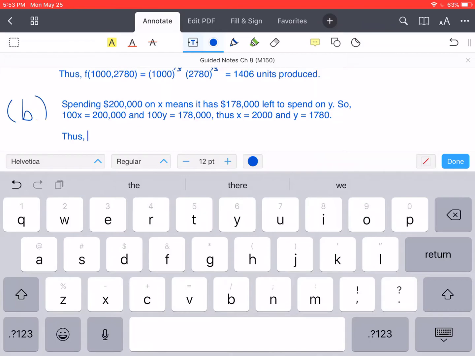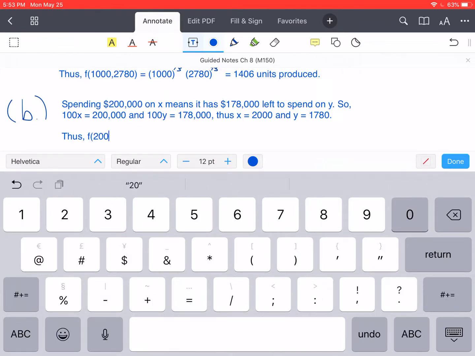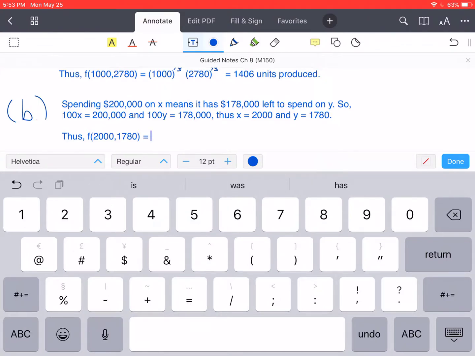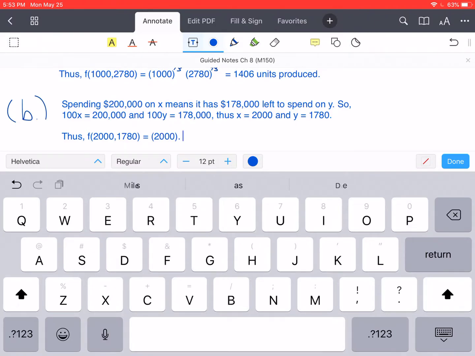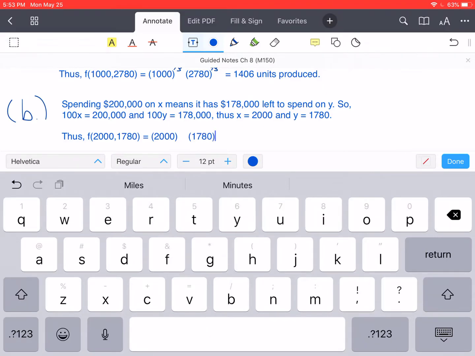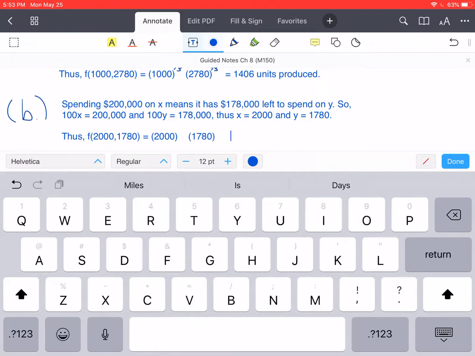Thus, if we're looking at the function now, f of 2,000, 1780 equals x to the 2/3 times y to the 1/3. So x is 2,000 to the 2/3 times y, which is 1780, to the 1/3.